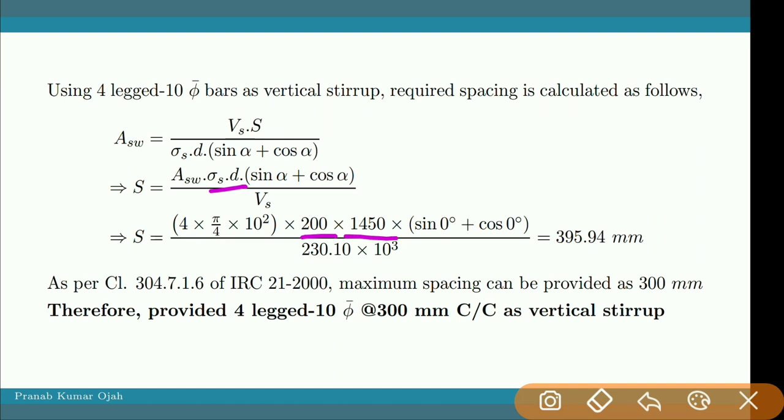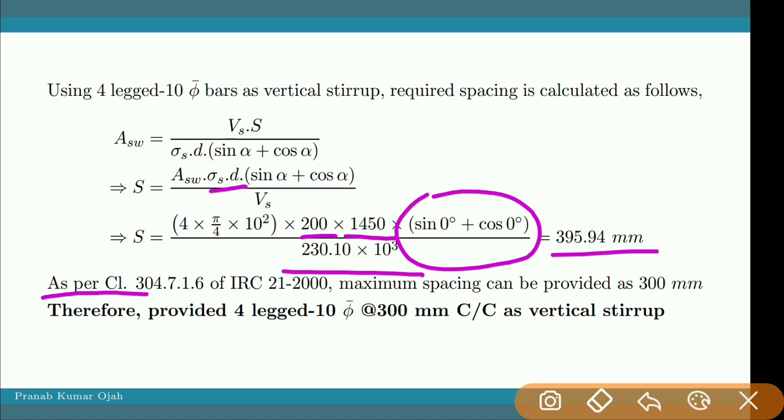Then d is the effective depth, and as I am going to provide vertical stirrups, the angle will be 0 degrees, so sin 0 plus cos 0. Vs is the shear force for which I am going to design the stirrup, which is 230.10 into 10 cube. So the spacing comes out as 395 mm.